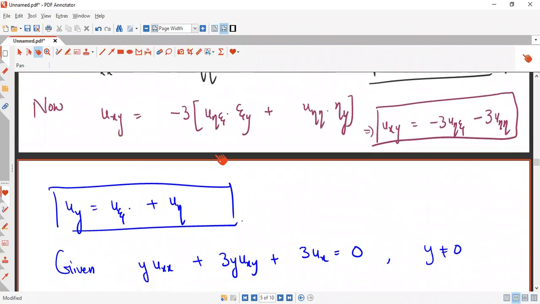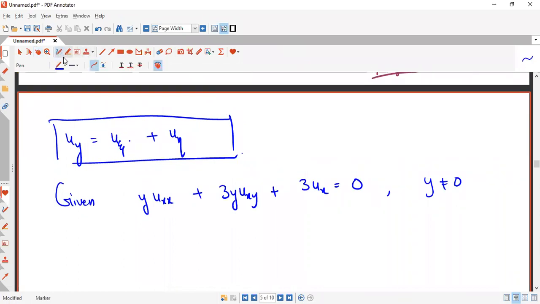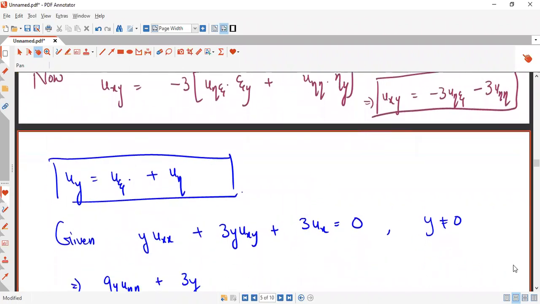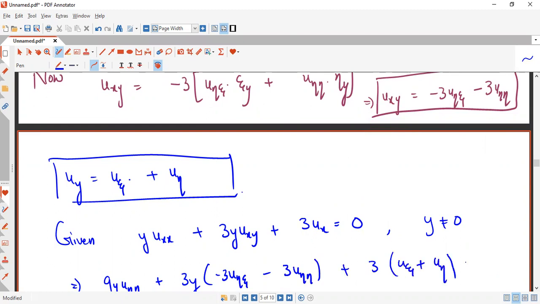So 9y u eta plus 3y of uxy, that is minus 3 u xi eta minus 3 u eta eta, plus 3 times ux. Right? And solve it further.